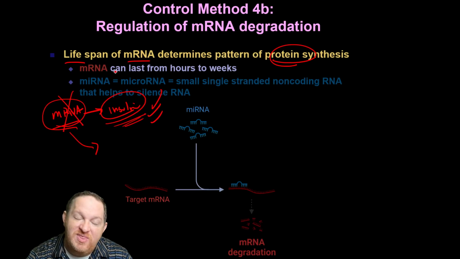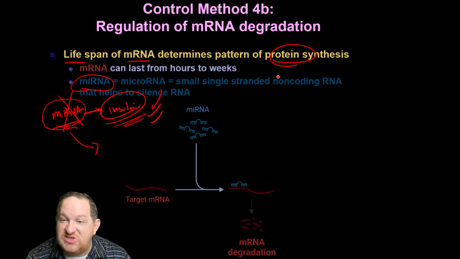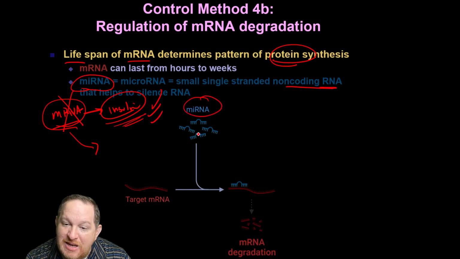So one way that this happens is through something called microRNA, miRNA, which are single-stranded non-coding RNA that helps to silence RNA. So if I've got some miRNA here, it basically matches, it comes down to my target. Remember, that is the mRNA that's going to make insulin.